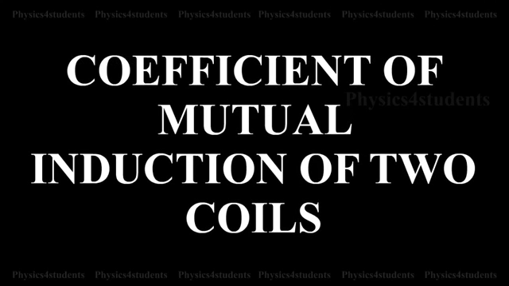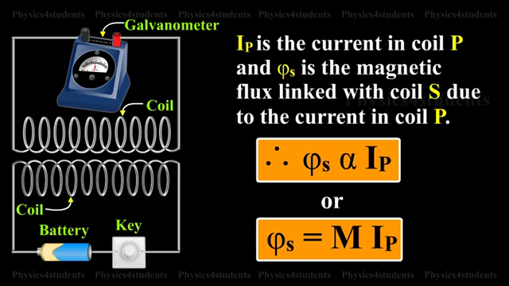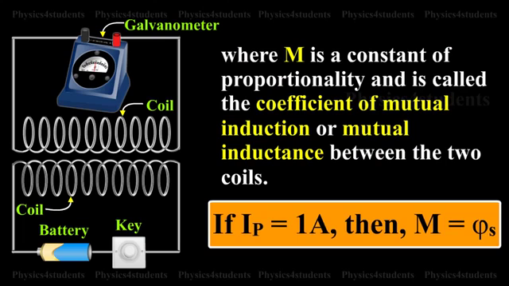Coefficient of mutual induction. IP is the current in coil P, and phi S is the magnetic flux linked with coil S due to the current in coil P. Therefore, phi S is proportional to IP, or phi S is equal to M IP, where M is a constant of proportionality and is called the coefficient of mutual induction or mutual inductance between the two coils.